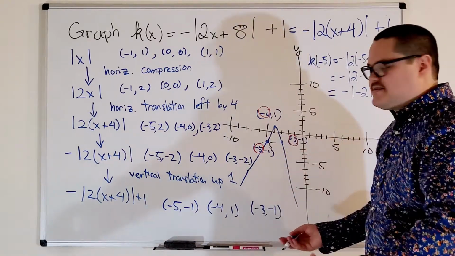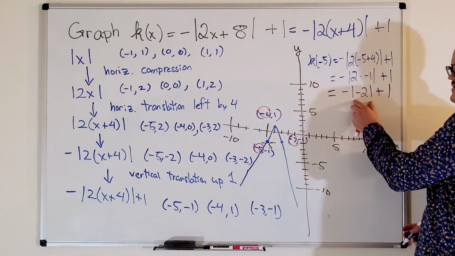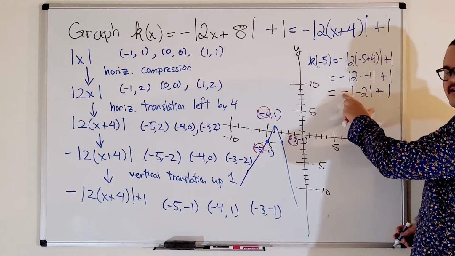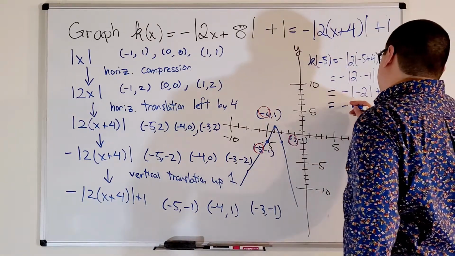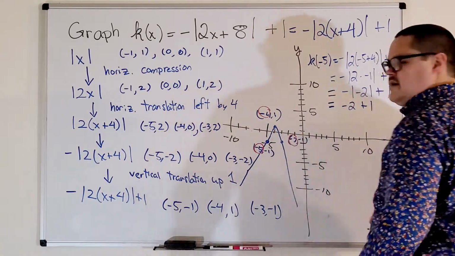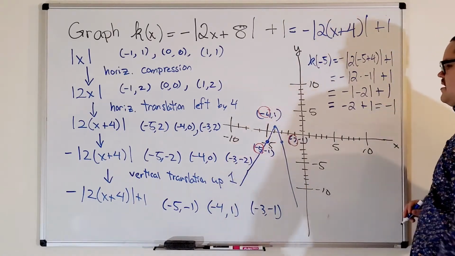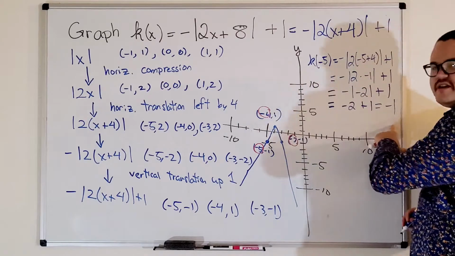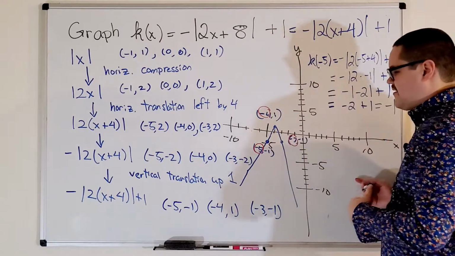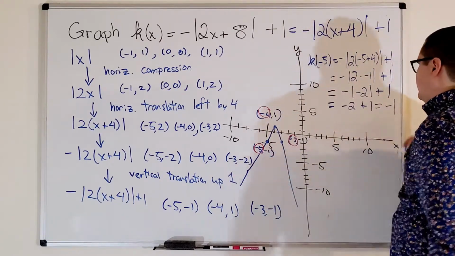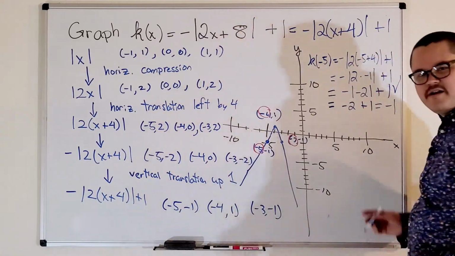It's just positive 2. So we get positive 2 in here, but we still have this negative outside. And then -2 plus 1 is -1. So this means (-5, -1) is indeed on the graph, just as we thought. So this checks out.